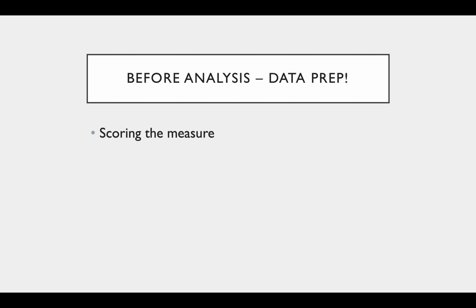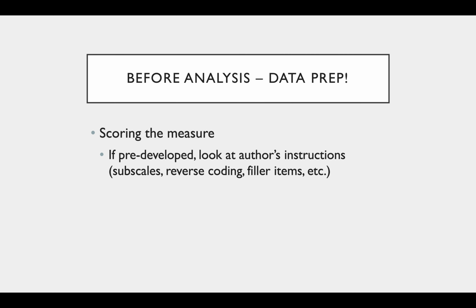The other thing you have to do is you're going to have to actually score your measure or your scale. If it's a pre-developed scale, like for example, the Rosenberg self-esteem scale, or if it's a depression scale or something like that, you should definitely look at what the author says to do. So you can do this by either finding the original paper for that scale, or sometimes even just some Googling where you just type in the name of the scale and then scoring will tell you how to do it.